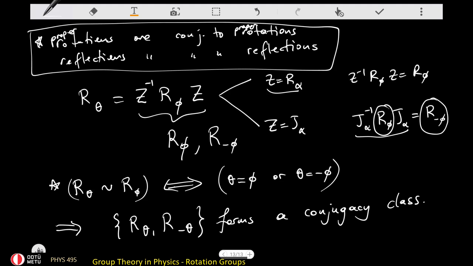So next, let's start describing the conjugacy relationship between reflections. Let's say J theta is a reflection, and I'm interested in the conjugacy relationship in here. This is a little bit complicated because you can actually do the algebra again.